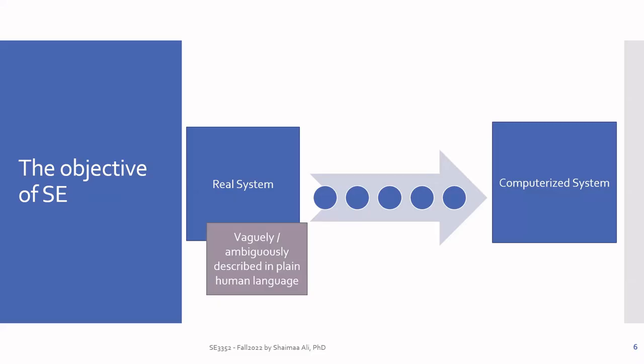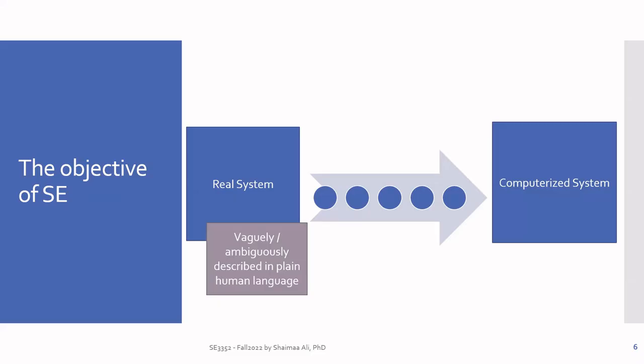English or whatever human language. That human language is vague and ambiguous, and every statement can hold multiple meanings. That's just the nature of human language.